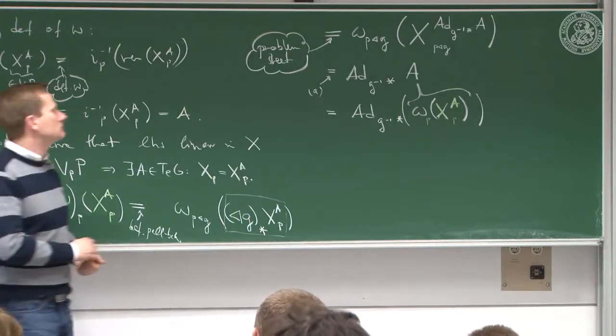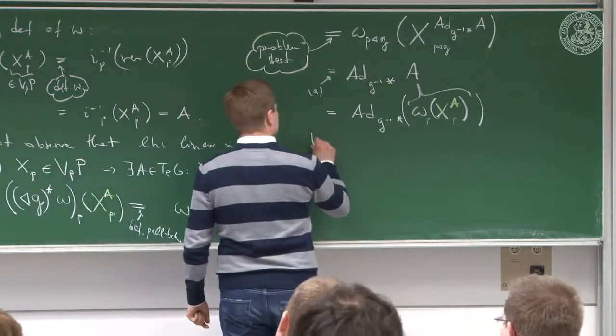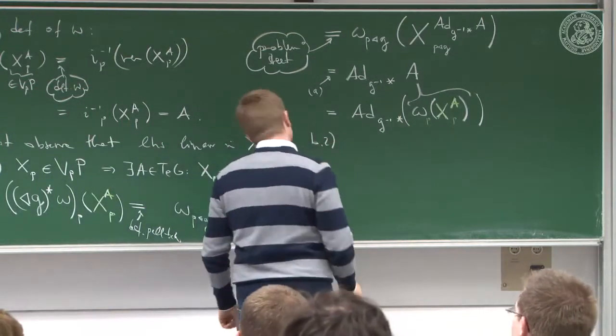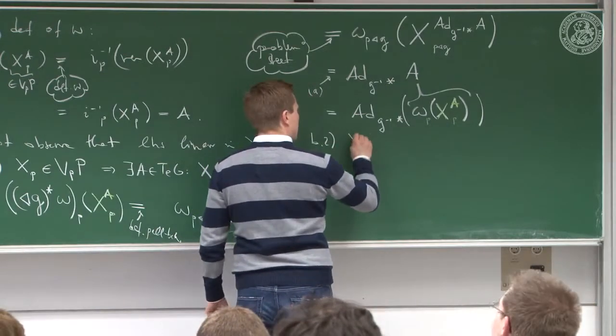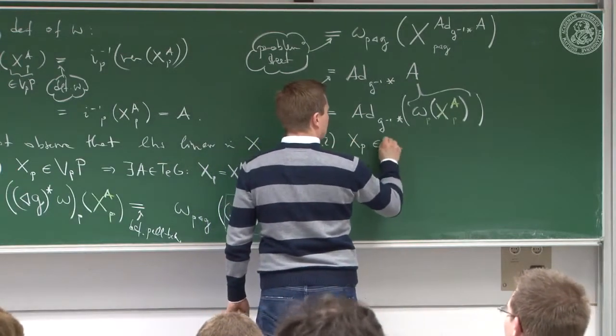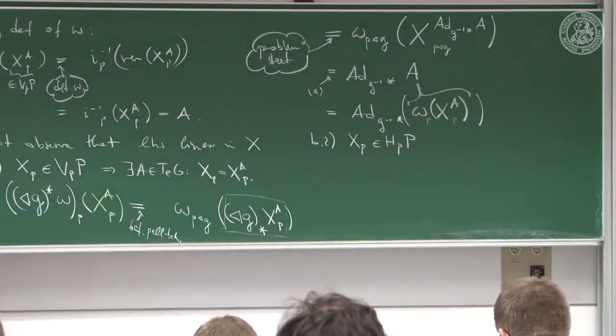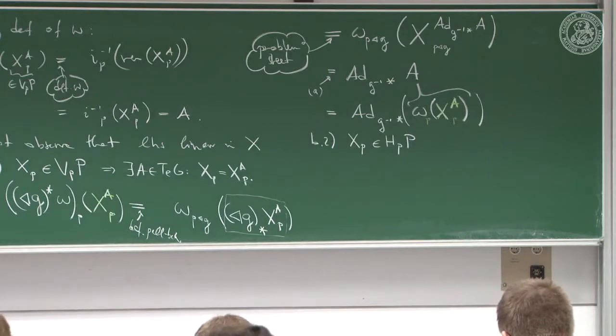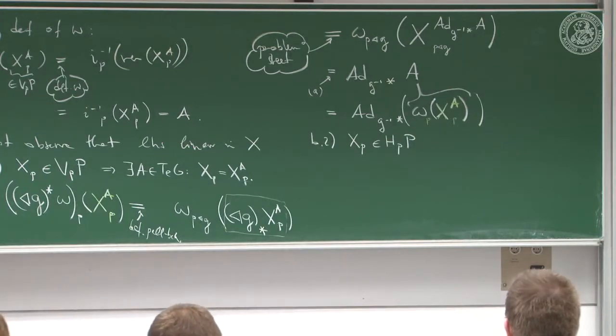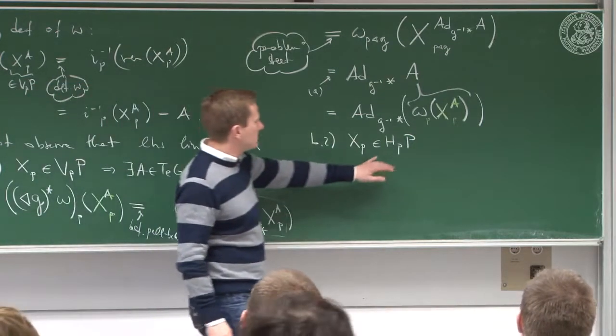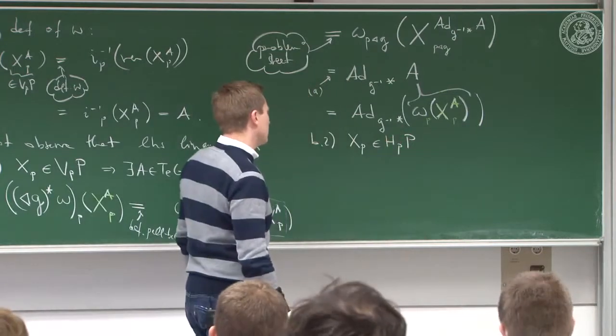Okay? So that's this. So then B2 would be the choice xp is in the horizontal subspace. Well, that's the only other possibility. And by linearity, as I argued in the beginning, it suffices to show this separately.